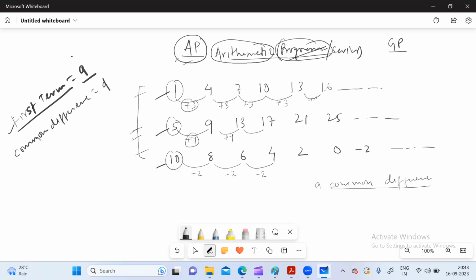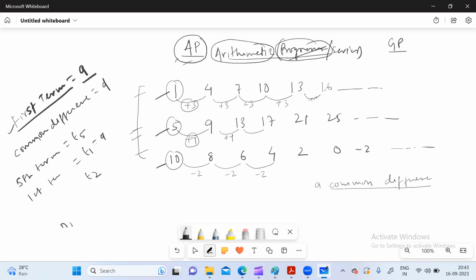Any particular term, like the fifth term, will be denoted as T5. The first term will be denoted as T1, which is A only. The second term is T2.